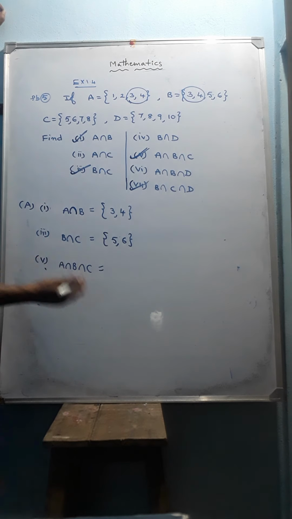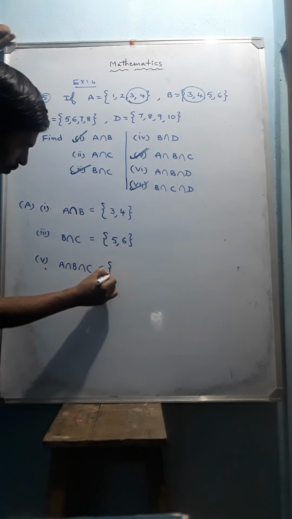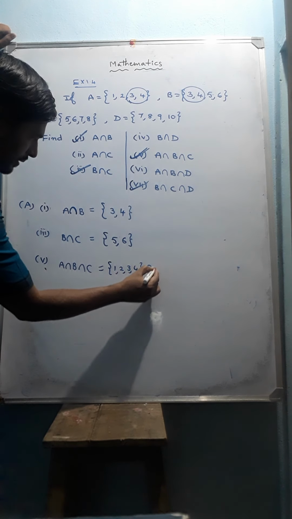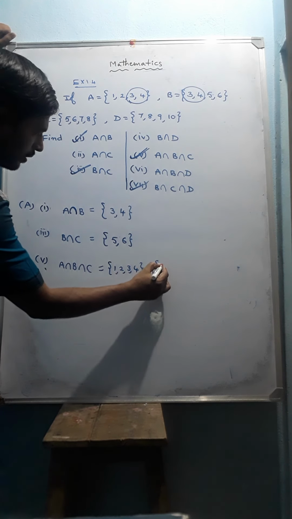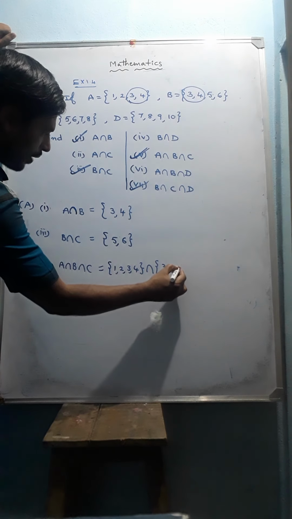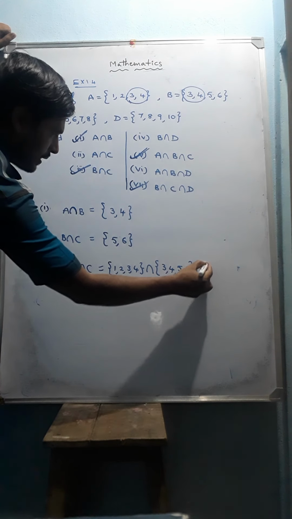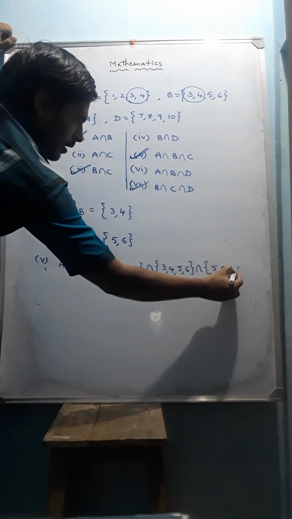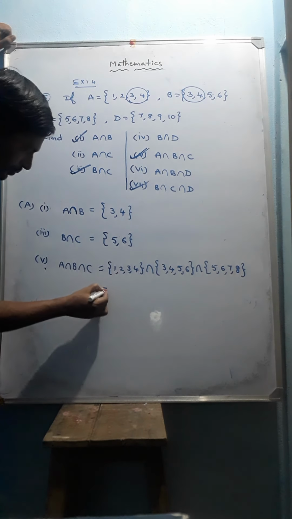If you want, you can write it stepwise: set 1, 2, 3, 4, intersection. Next B set elements are 3, 4, 5, 6, intersection. C set elements are 5, 6, 7, 8.